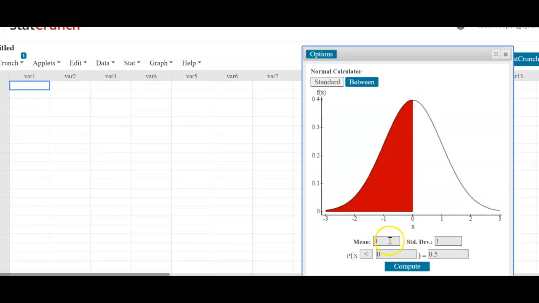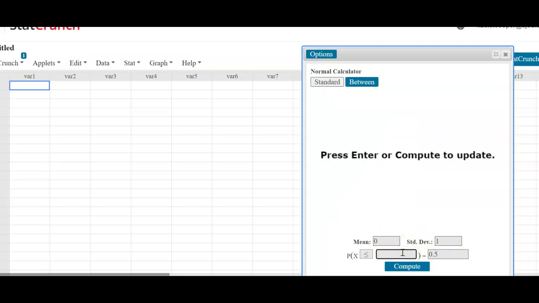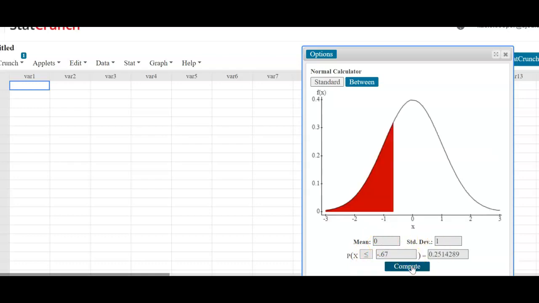If you keep the mean as 0 and the standard deviation as 1, then the only thing you have to plug in is your z-score because it already has it in standard normal curve, if that makes sense. So instead of plugging in your x value, you plug in your z because you are standardized to 0 and 1. And it will find that for you. That's the same value we had in the table.